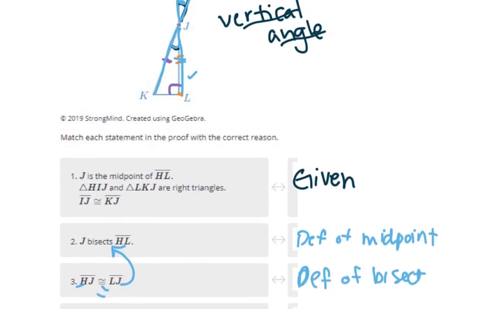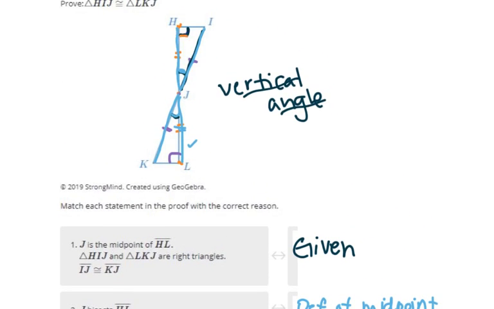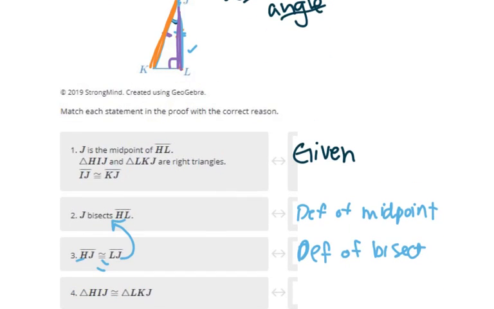And now, this is the official way they used here: because it's a right triangle, the hypotenuse is the same as the hypotenuse on this side. And then the thing we just did was this leg is the same as that leg. So the reason we can say this is the HL postulate, I think is what it's called. And if it's not a postulate, it might be a theorem, but it's the same idea.